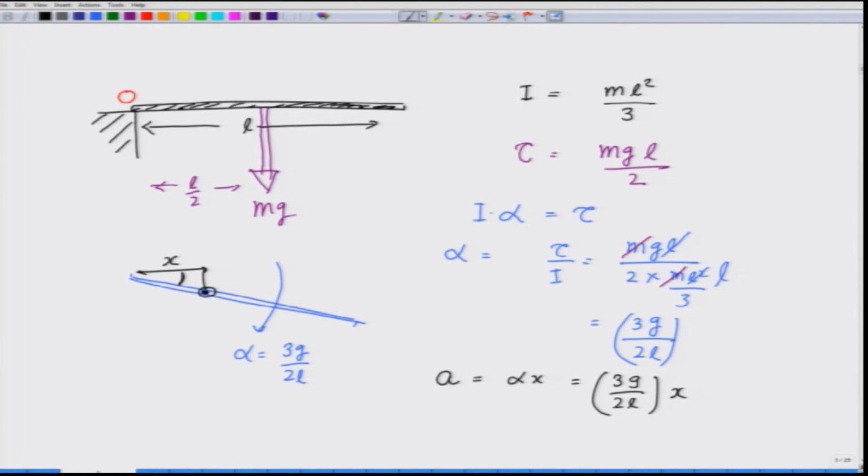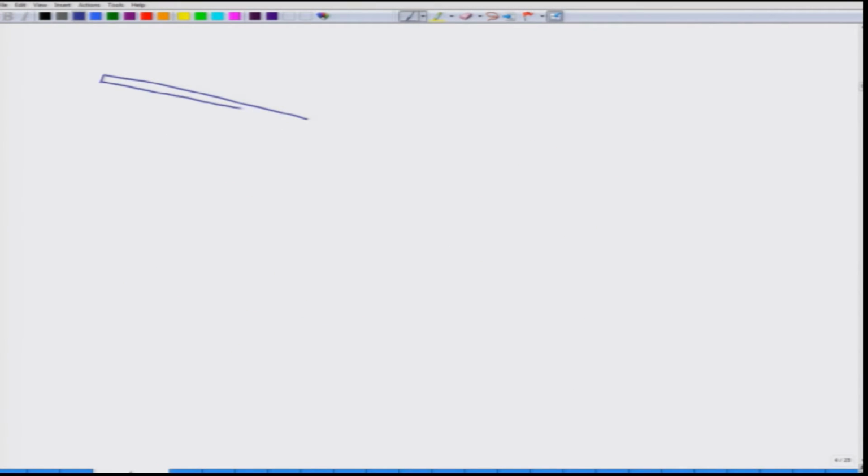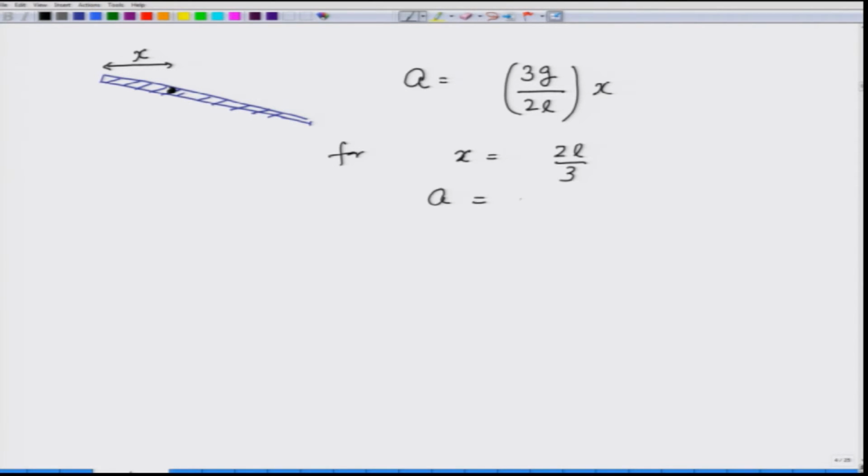What you notice then is, let me make the picture again. Here is the rod, here is the point at a distance x from the edge of the table, and its linear acceleration a is 3g over 2L times x, and for x equals 2L by 3, a is g.